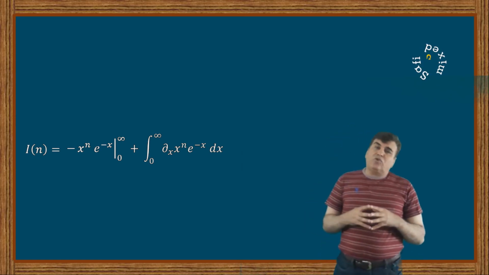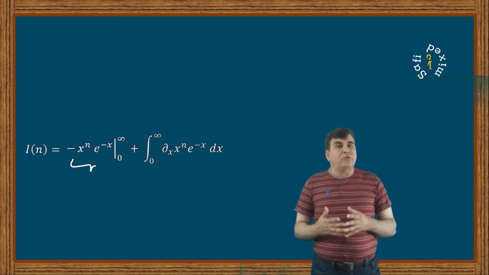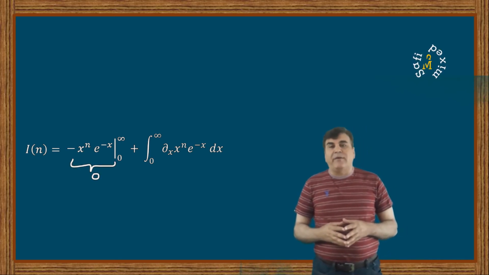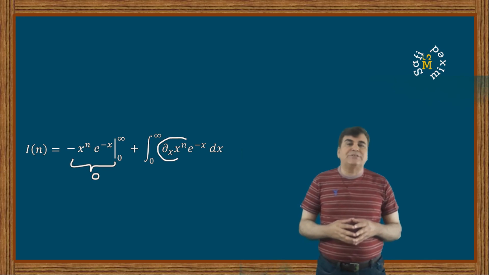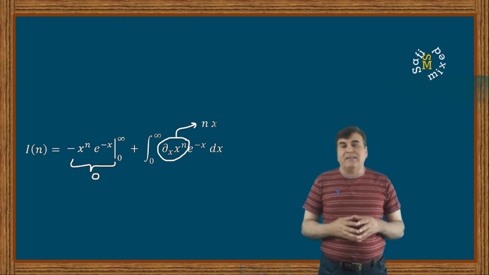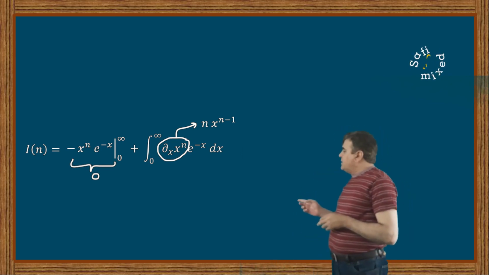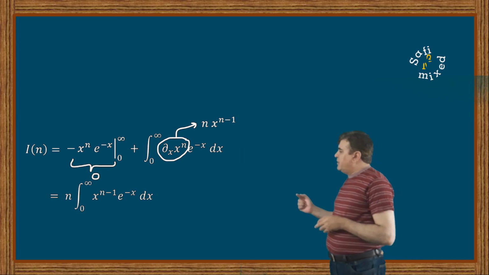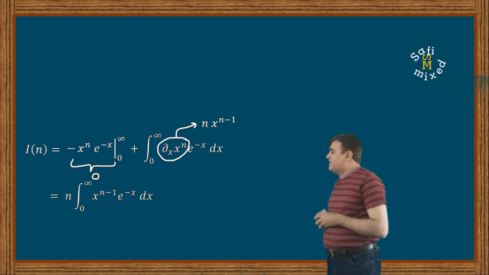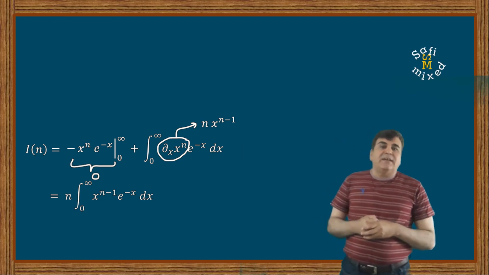The first term is obviously 0 for both limits, and the derivative of x power n equals n times x power n minus 1. This substitution leads to I of n equals n times the integral from 0 to infinity x power n minus 1 times exponent of minus x dx.